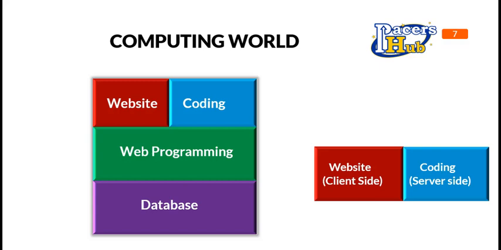But by the time you can do some coding, hard code, back end, add some machine hard code to it, that will make you a web programmer. So that means you must be able to design the website, hard code to it, then you're a web programmer. Now, by the time you're able to add a database to it, that makes you a software developer.